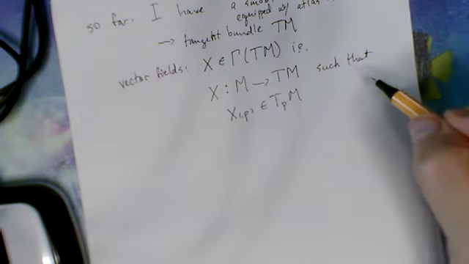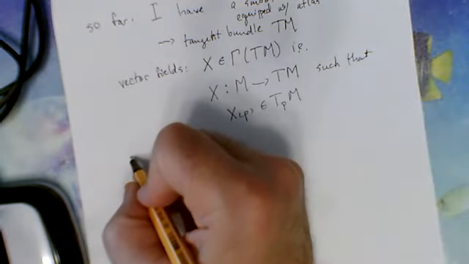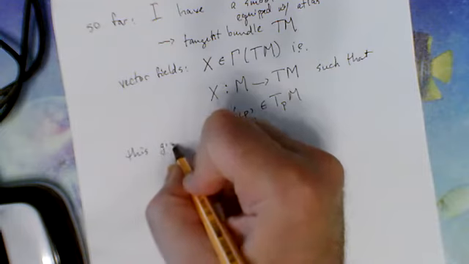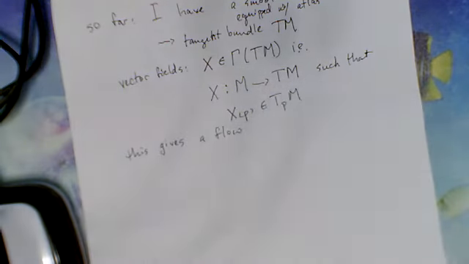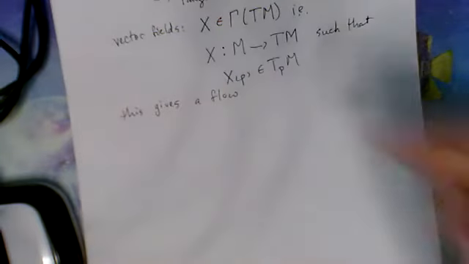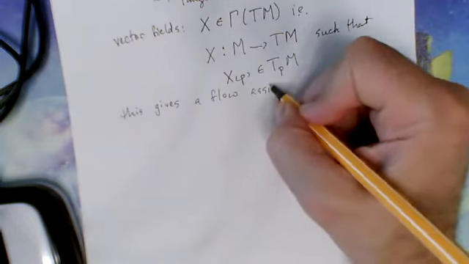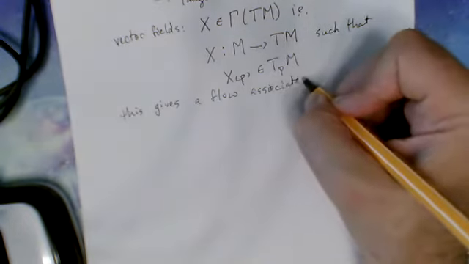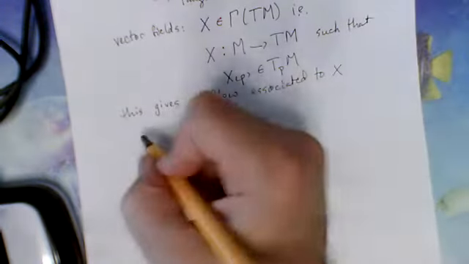Once I have this vector field, I can now associate to it a flow. What is this flow?